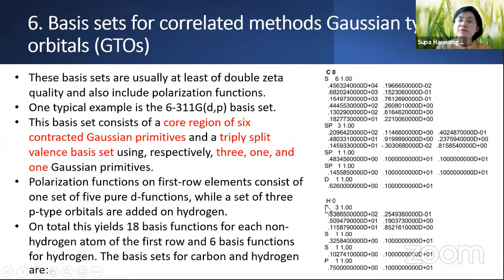Now you can have not only one s orbital, but you can have some polarizability to the d orbital, the d polarization function, and even the p orbital for the hydrogen atom. So you can see that this type of basis set takes really huge CPU time if you have to compute the system.